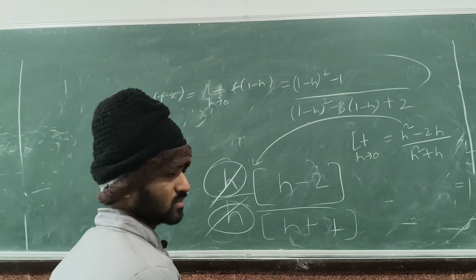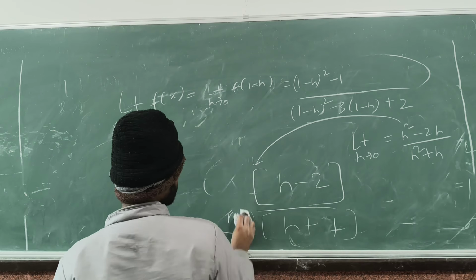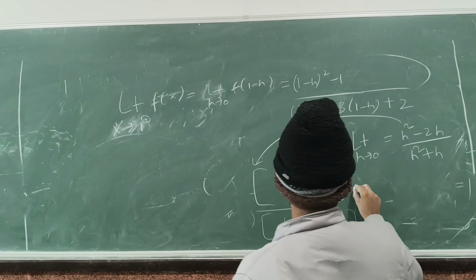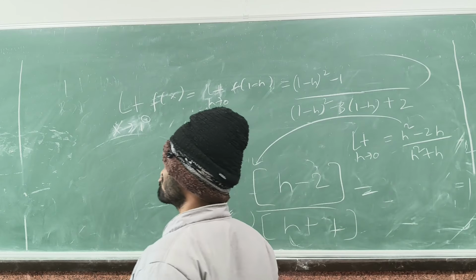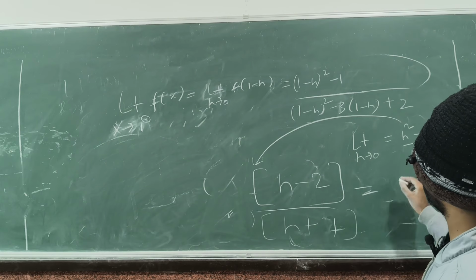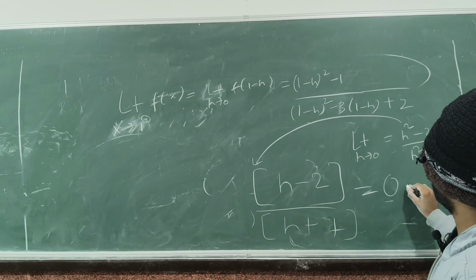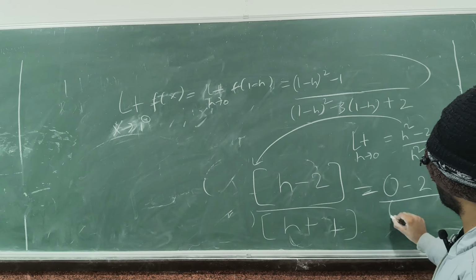So cancelled. Since h is tending towards 0, we can write this as definite now: 0 minus 2 by 0 plus 1.